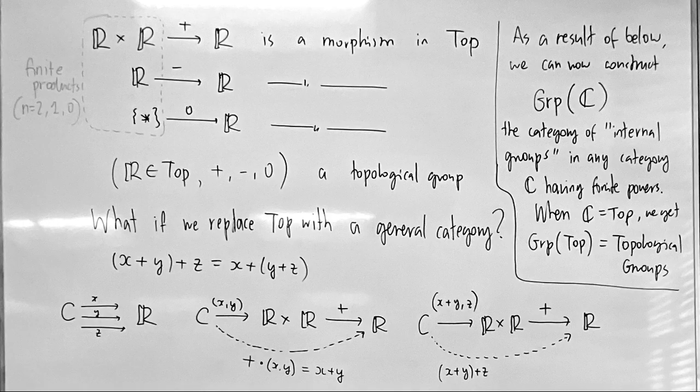The one that's induced by x and y into the first R and the second R. And then I can compose that with plus. So this is how we can operate on generalized elements. What we get here, the composite of plus with the pair (x, y), is something we can write as x plus y.